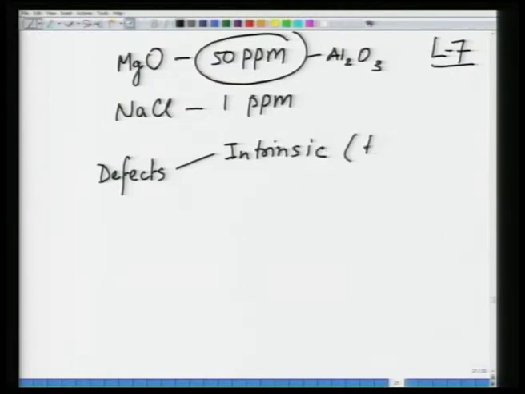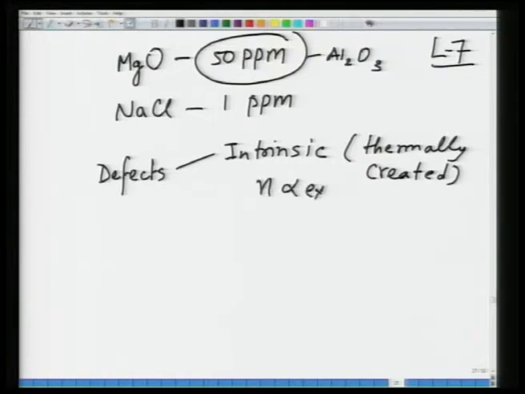Intrinsic means thermally created. Here n will be proportional to exponential of minus delta H, let us say for a Schottky defect, divided by kT. So at any given temperature n will be determined by the magnitude of temperature.